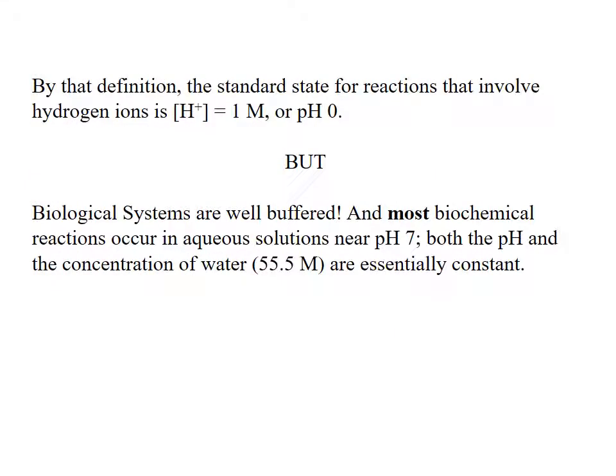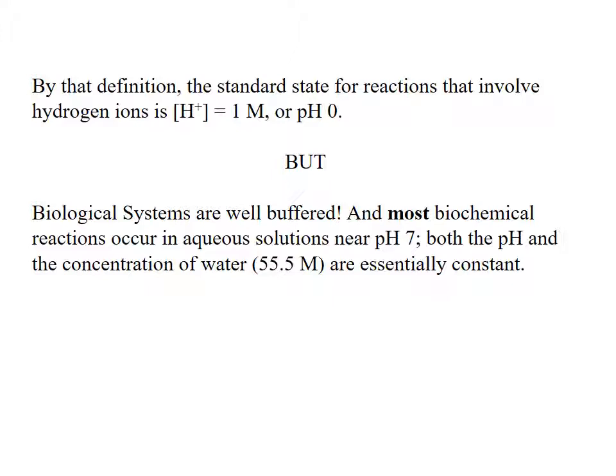So here is an interesting observation: under such conditions, reactions that involve hydrogen, which are quite prevalent in biological systems, obviously the concentration of hydrogen under standard conditions would be 1 molar, or pH of 0. But in biological systems, most biochemical reactions occur at nearly pH of 7.